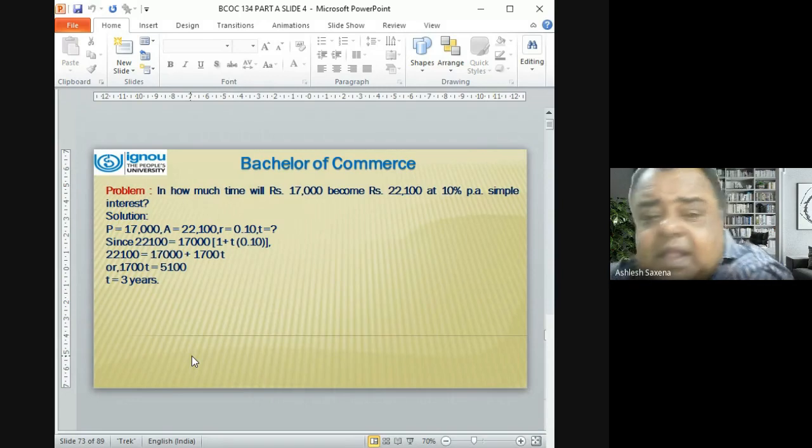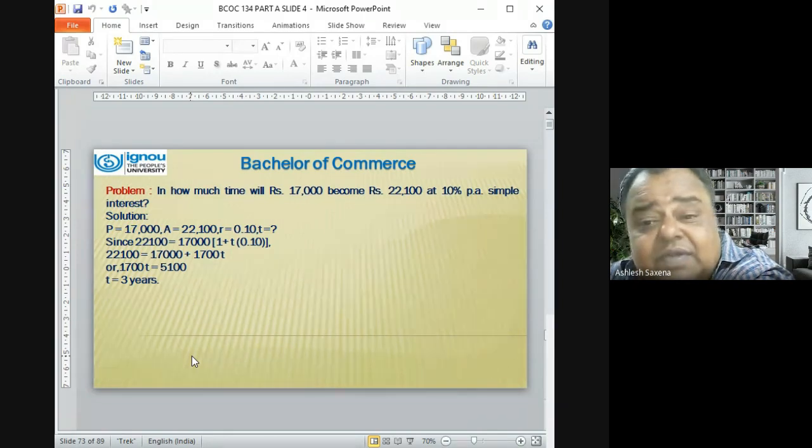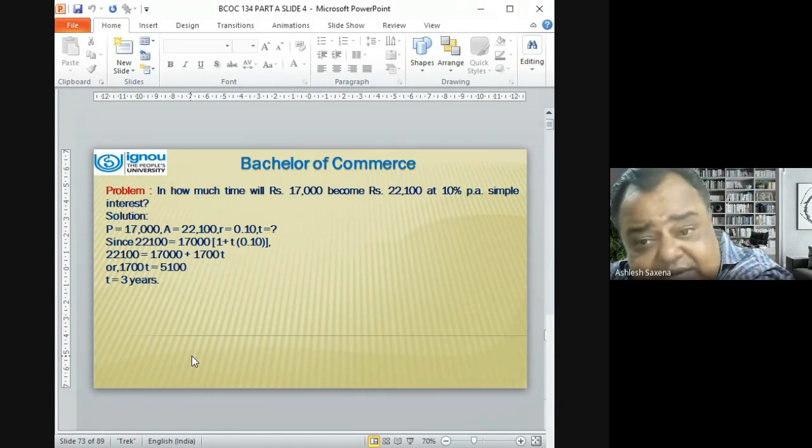Now, another problem is how much time will rupees 17,000 take to become 22,100 at 10% per annum simple interest. Again, the same thing, the time is being asked. You have principal of 17,000. Your amount is 22,100.